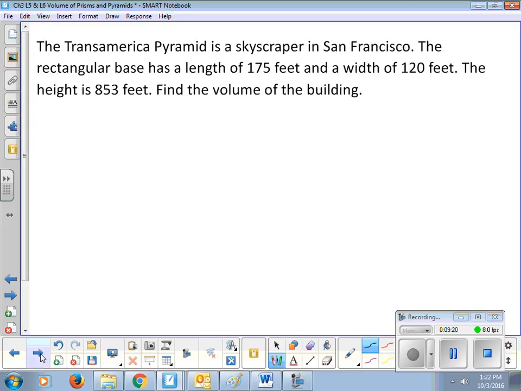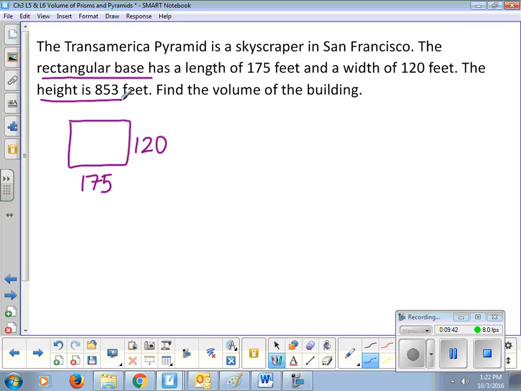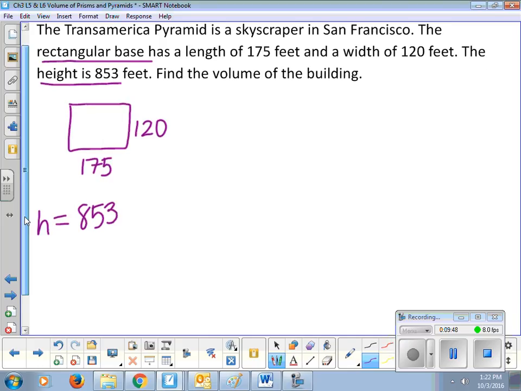Okay, our next question, we have a word problem. The Transamerica Pyramid is a skyscraper in San Francisco. The rectangular base has a length of 175 feet and a width of 120 feet. So we have a rectangle 175 by 120, and we know that the height is 853 feet.